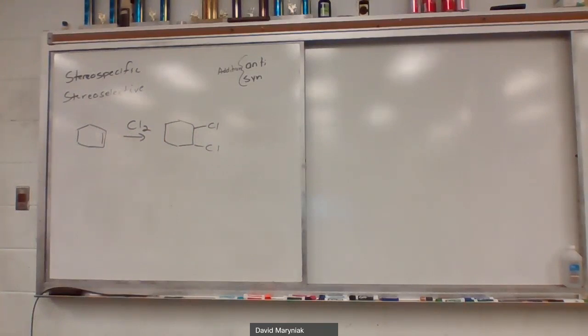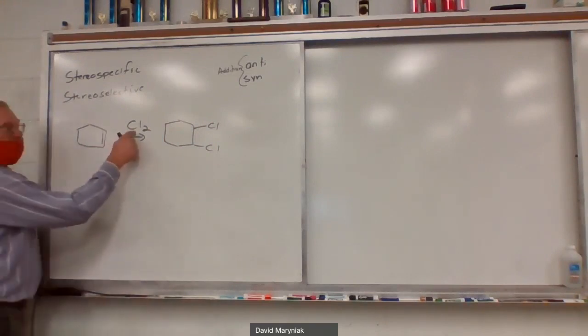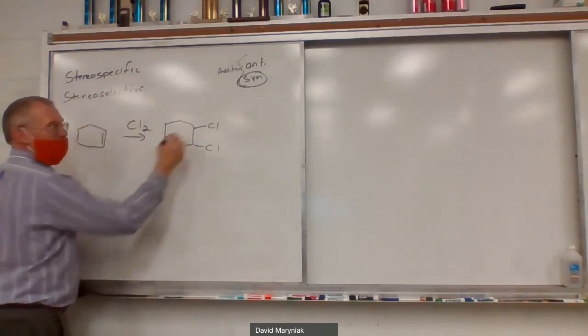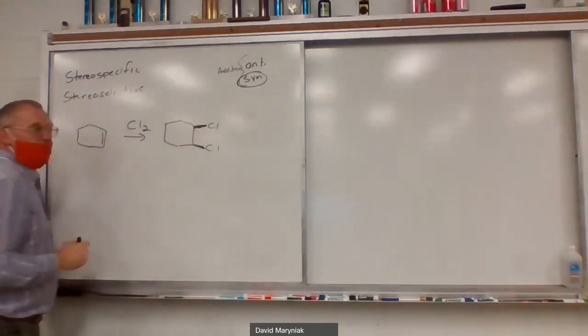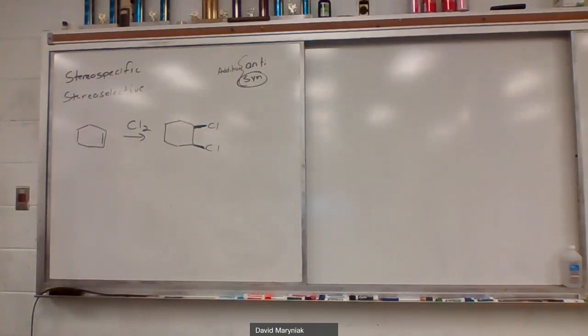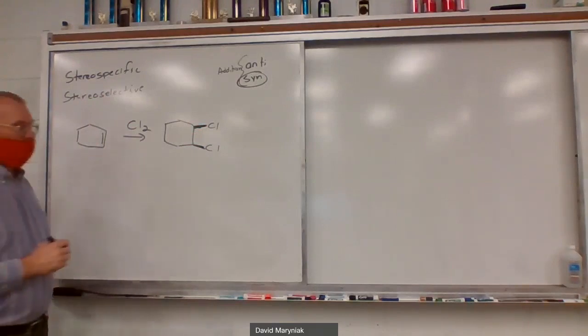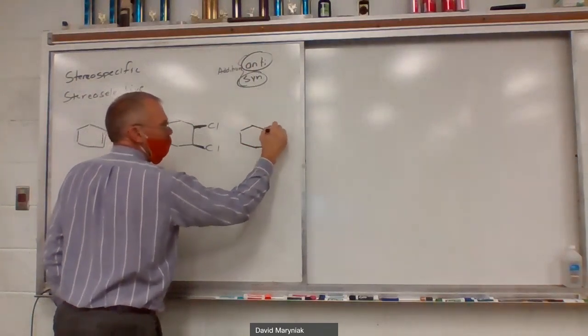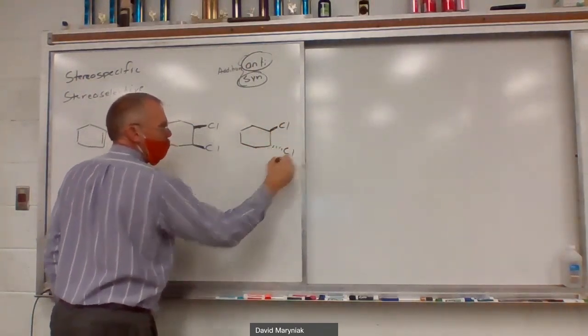Now, if we say this chlorination occurs as syn, would we say those are going to come in from the same face? If it occurred by anti, would they come in from opposite faces?